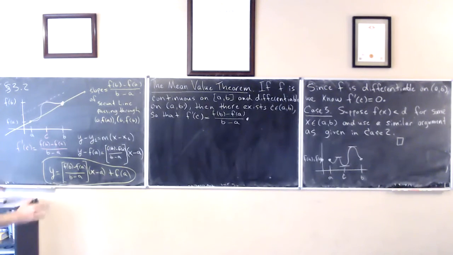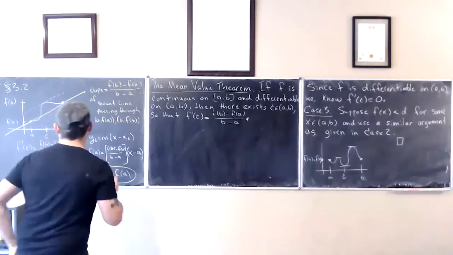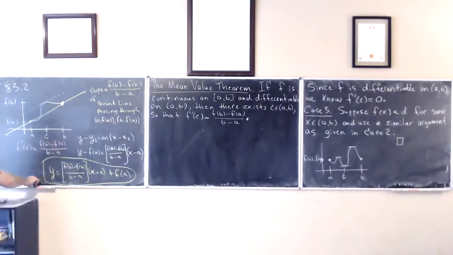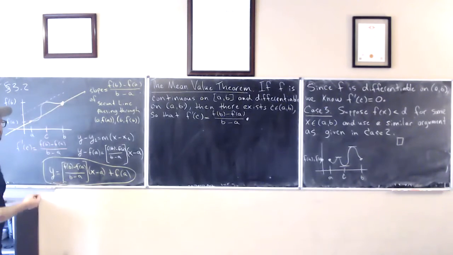So the next thing I'm going to do seems somewhat arbitrary right now, but it will make sense. Let's define, look at our function and how it differs from that line on that interval, right?